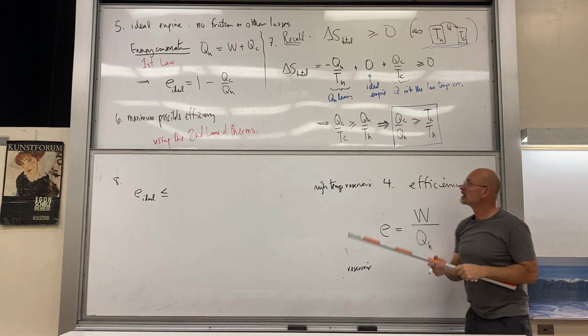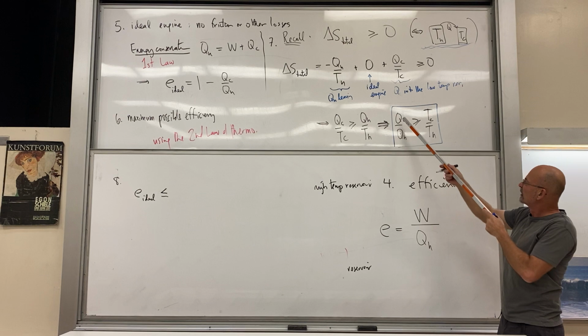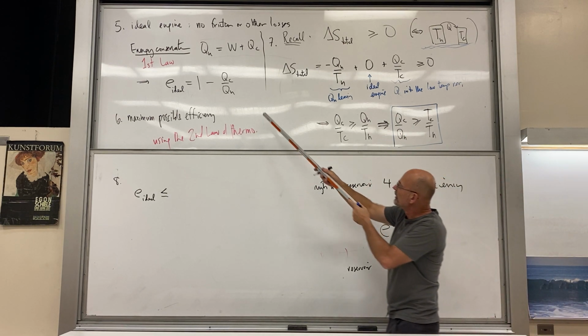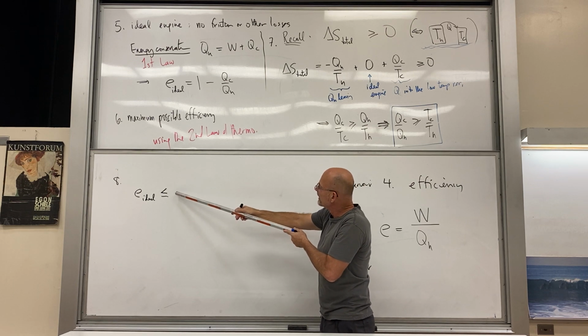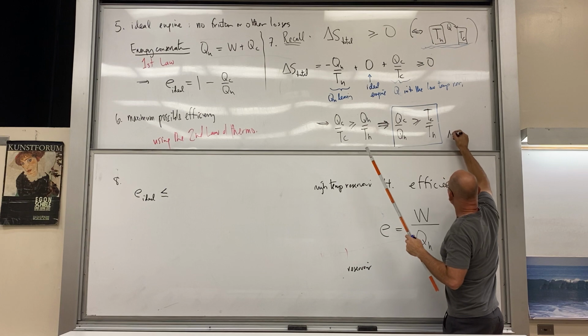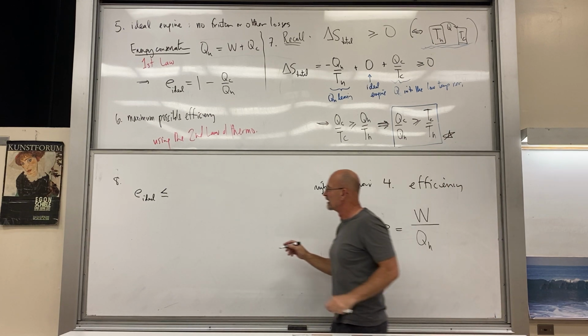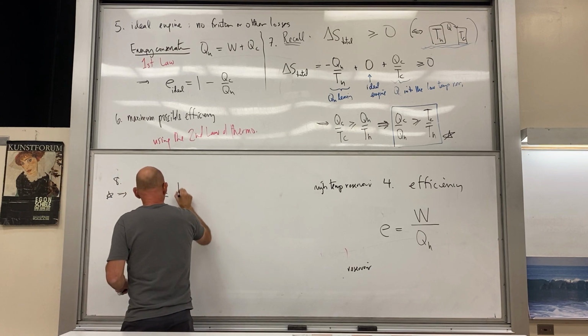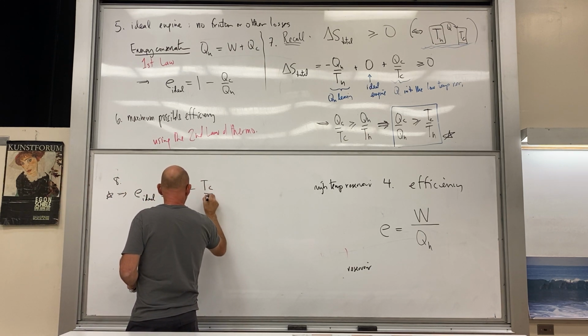TC over TH. Because QC over QH is greater than, so I'm subtracting off a number. So this E ideal is going to be less than or equal to 1 minus TC over TH.